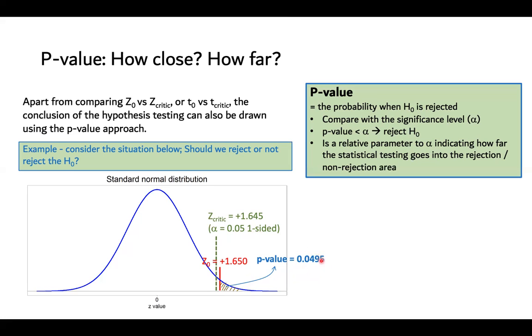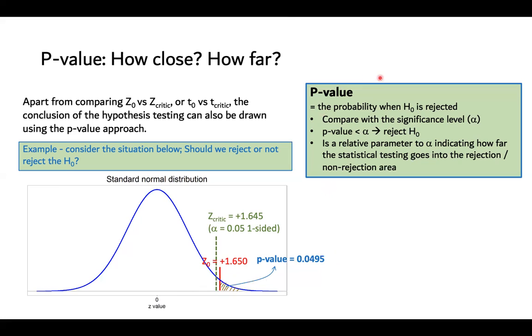In the literature and in many applications, we will reject H null when the p-value is around 0.01, maybe around here. If the calculated Z has a p-value of 0.01, we will be really confident to reject H null.